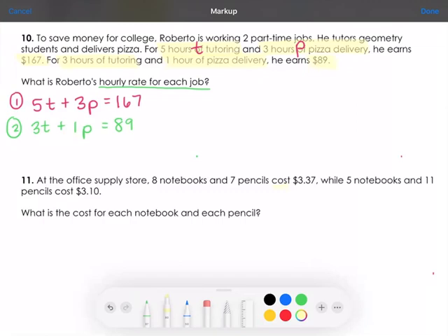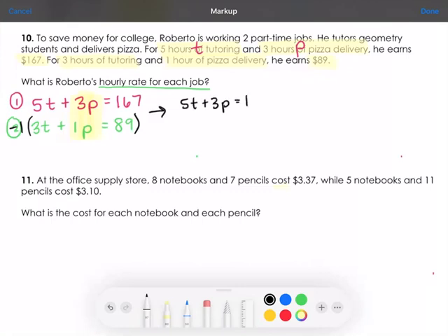If I'm trying to use elimination, I'm trying to find a variable that I can get rid of. Neither T nor P have matching coefficients, but if I look at the P's, I have a 3 and a 1. I can easily turn that 1 into a 3, and I actually want it to be a -3, so it'll cancel with the P in the top equation. So I'm going to multiply this by -1 and rewrite both.